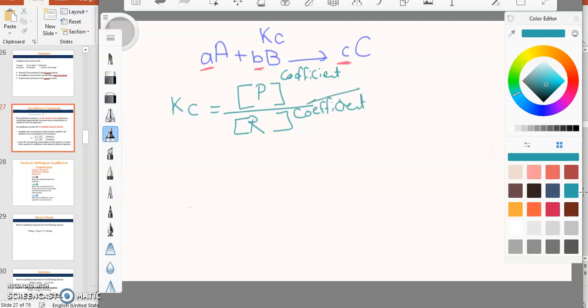If we want to apply this and write down the formula for the equilibrium constant for this reaction, we can say that Kc is equal to the concentration of C to the power of small c, divided by the concentration of A to the power of a times the concentration of B to the power of b.